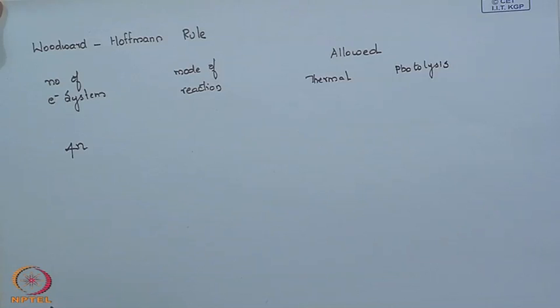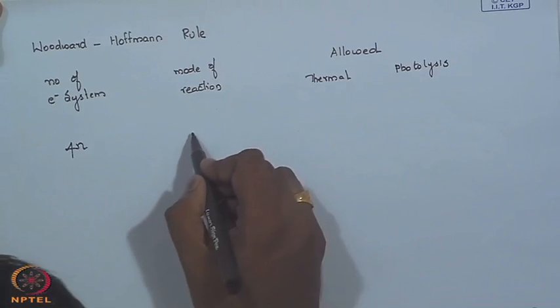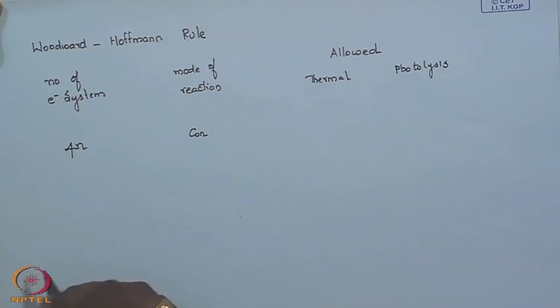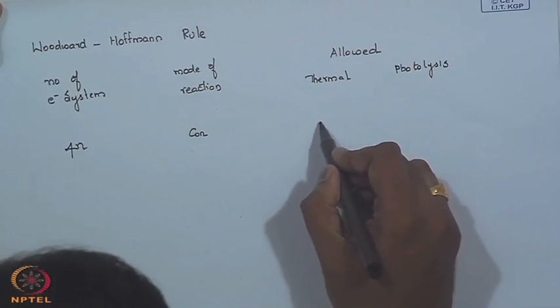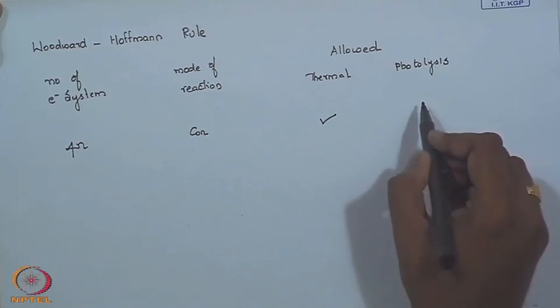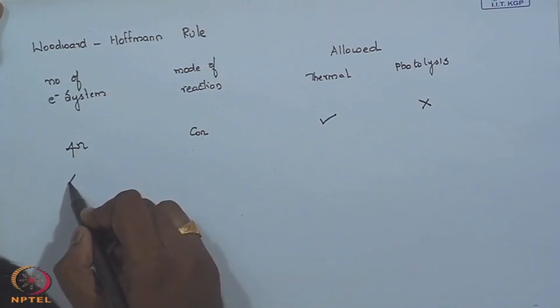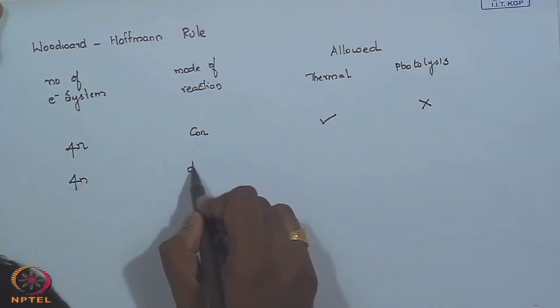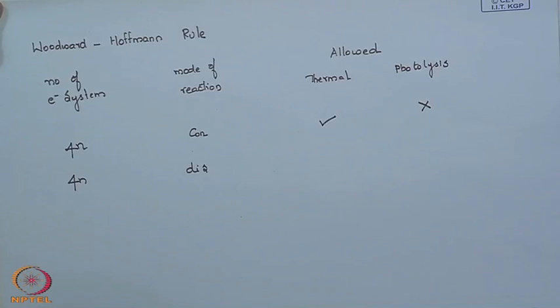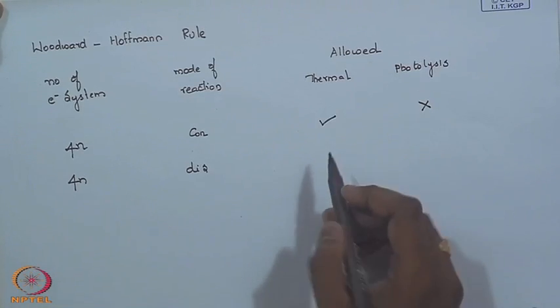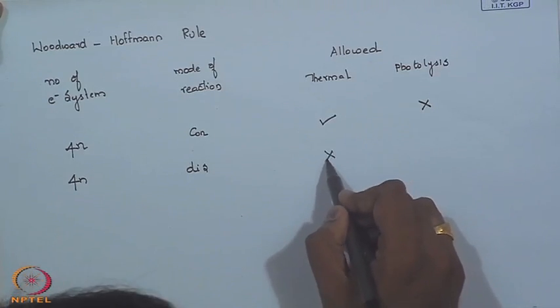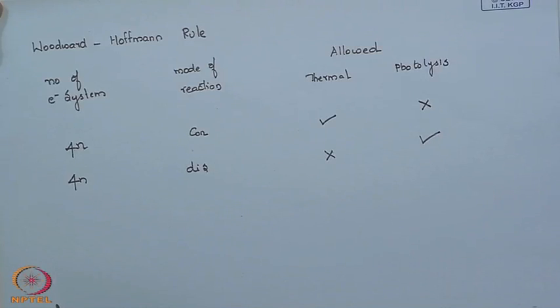if it is a 4n system, then it undergoes a con type of cyclization, and it is allowed only on heating, it is not allowed under photolysis conditions. In the same way, for a 4n system, if you are looking for a dis mode of rotation, then it is not allowed thermally, it is allowed under photolysis.